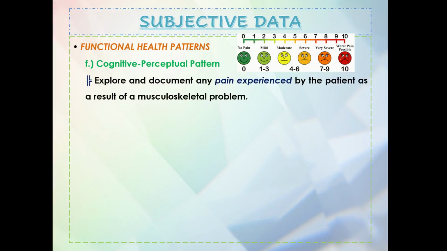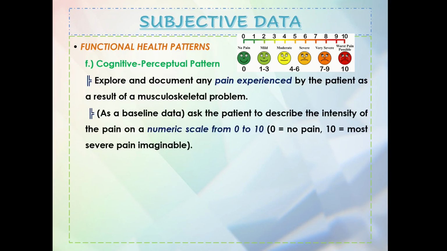And then we have the cognitive perceptual pattern. So we explore and document any pain experienced by the patient as a result of musculoskeletal problems. So di ba nga ito yung isa sa pinakamadalas na symptoms na nararamdaman ng mga may problema sa musculoskeletal system. It is the pain. Okay?